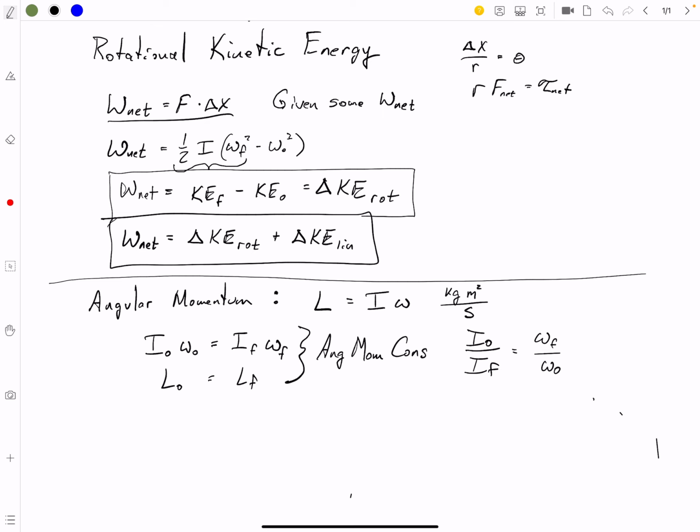So yeah, at any rate, I might change, so that I initial does not equal I final. There may be changes in I. We saw that in the lab: I platform plus I disk equals our I total.